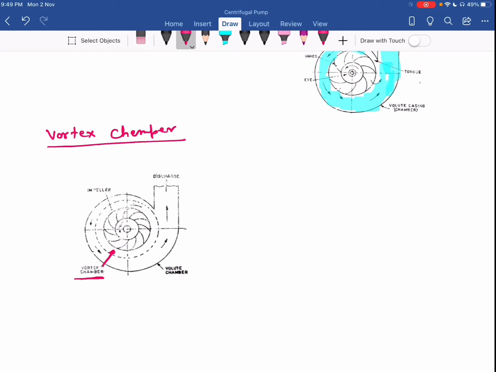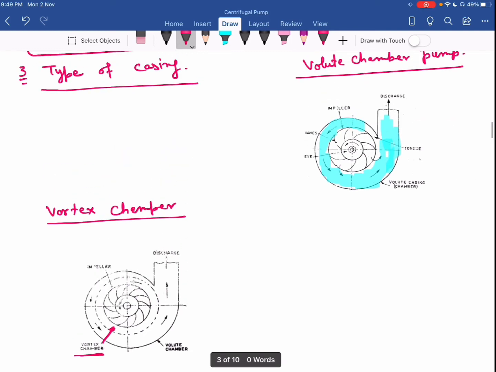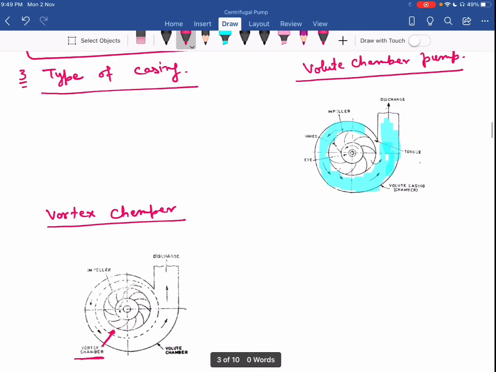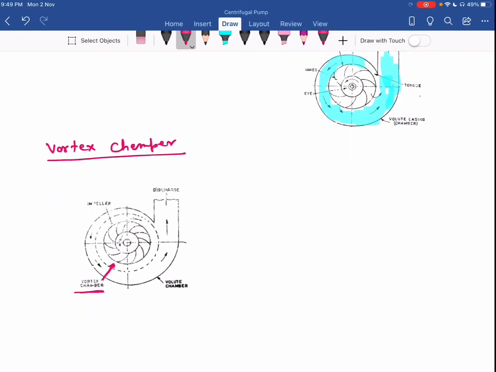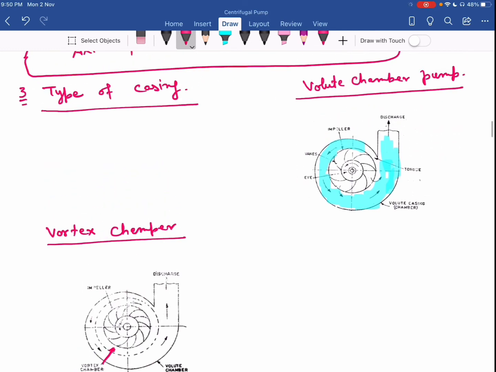On leaving the impeller, the water first goes to the vortex chamber and then to the volute or spiral chamber. This extra space provides a smooth change of direction of the water leaving the impeller, and it increases the pressure energy compared to the pump without the vortex chamber.